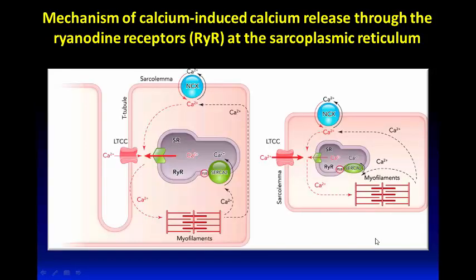So here we have again a summary of the mechanism of calcium-induced calcium release through the ryanodine receptors at the sarcoplasmic reticulum. So these are the L-type calcium channels, the dihydropyridine receptors, which we have in the T-tubular system, and we also have them in the sarcolemma. And these are the ryanodine receptors, which we have in the sarcoplasmic reticular membranes.